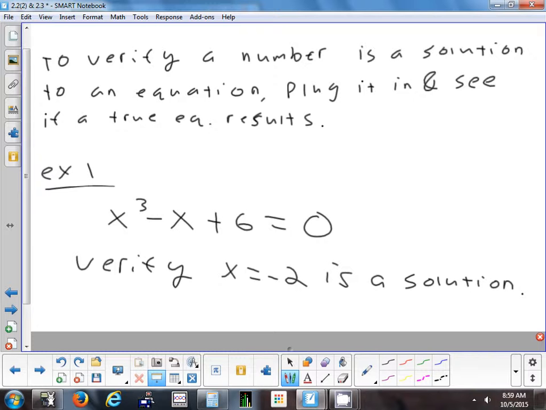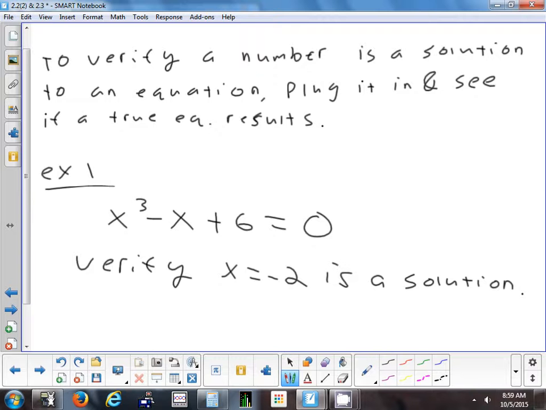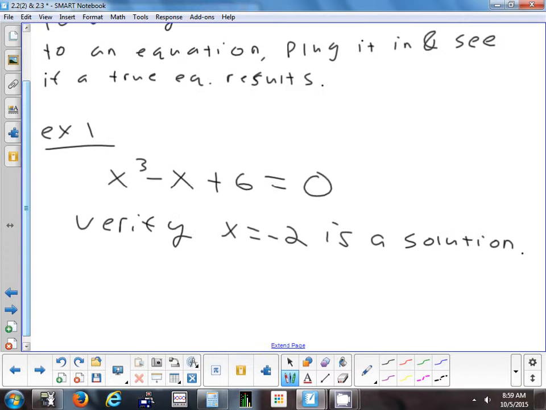Equal to 0. If I get something other than 0, this is not a solution. Or I made a mistake. Let's plug negative 2 in for x, see what we get. We get negative 2 cubed minus negative 2 plus 6. And I'm going to put a question mark over that equal sign because we don't know. That's what we're hoping.